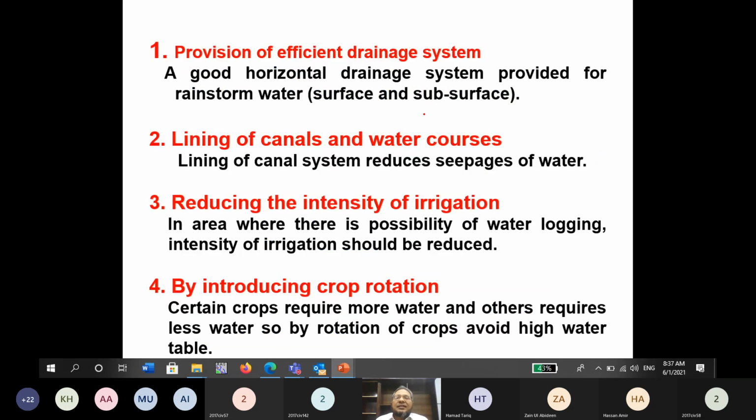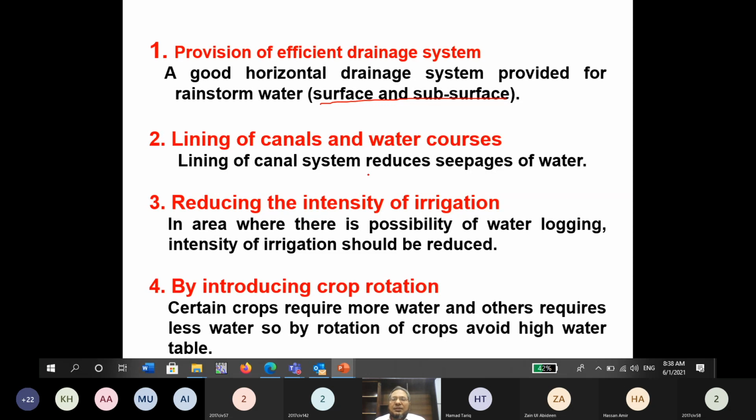Provision of an efficient drainage system. A good drainage system should be provided, meaning surface drainage and subsurface drainage, both. If we provide a surface drainage system and a subsurface drainage system, then it is easier to control waterlogging. Number two, lining of canals and water courses.